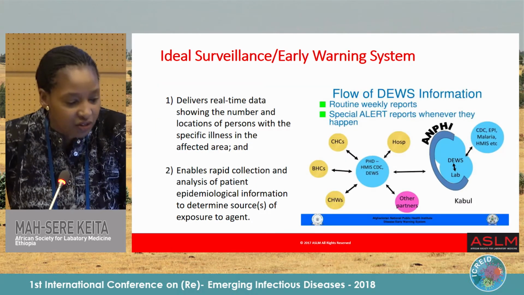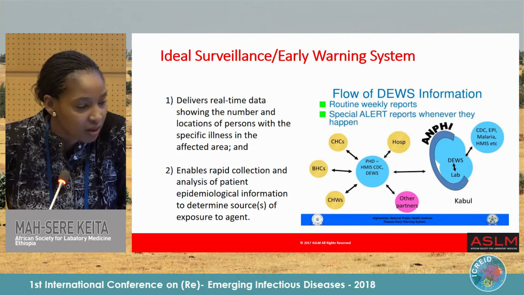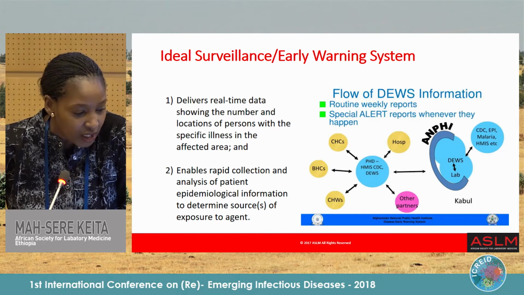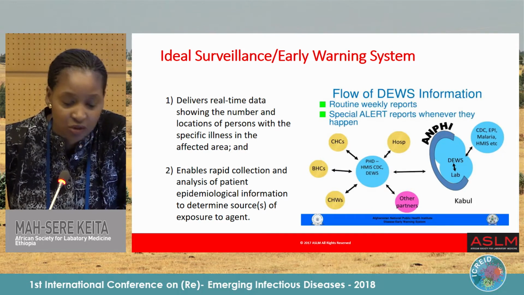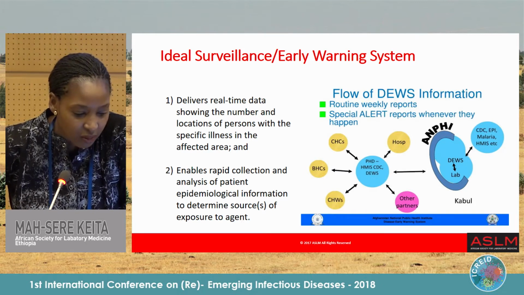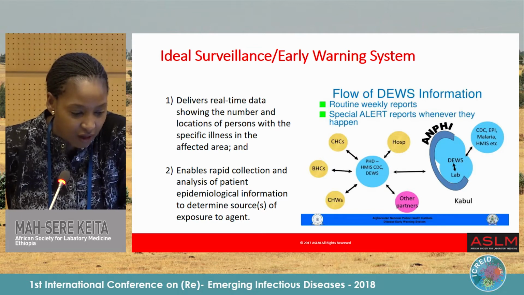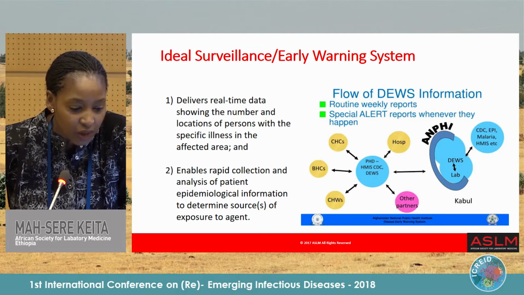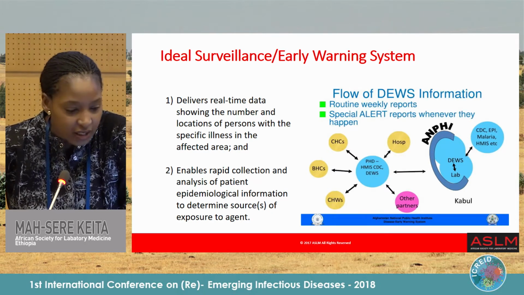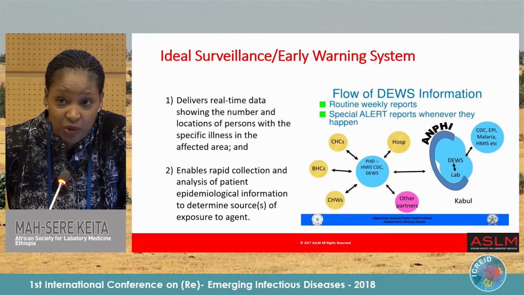Now, an ideal surveillance system, an early warning system, delivers real-time data showing the number and locations of persons with a specific illness in the affected area. And then it enables rapid collection and analysis of patient epidemiological information to determine the sources of exposure to agents. And here I borrowed a slide from Afghanistan, where they have an early warning system that is very well organized, where they have sentinel surveillance at particular sites.